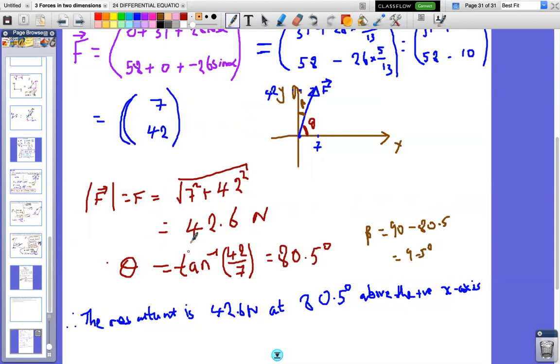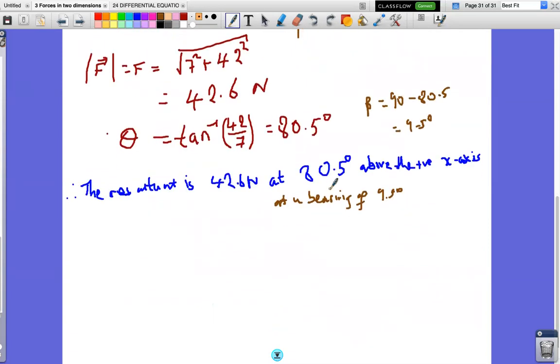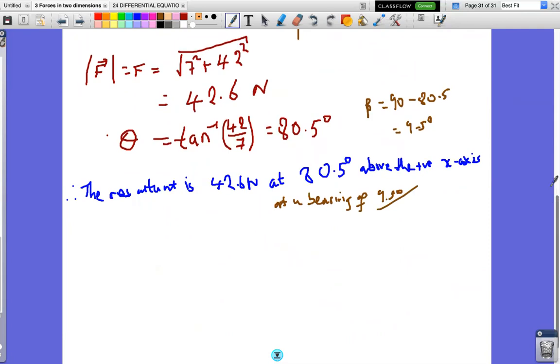So another person could say the resultant is 42.6 newtons at an angle of 9.5 degrees to the right of the y-axis, or at a bearing of 9.5 degrees. This is also okay. Whether you state this or you state that, it's all correct. Okay?